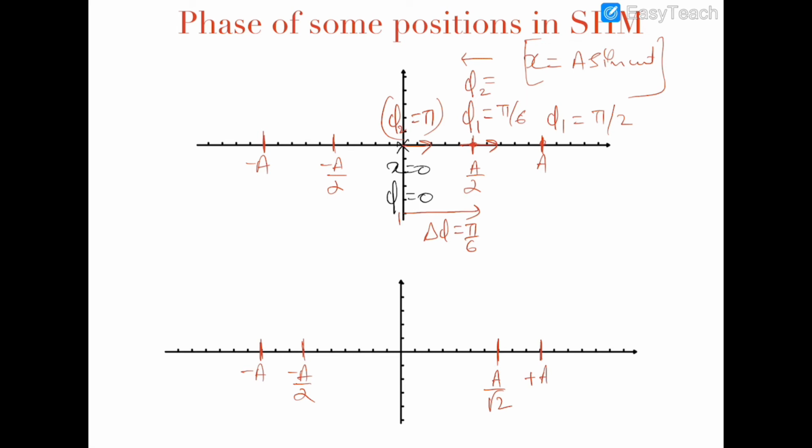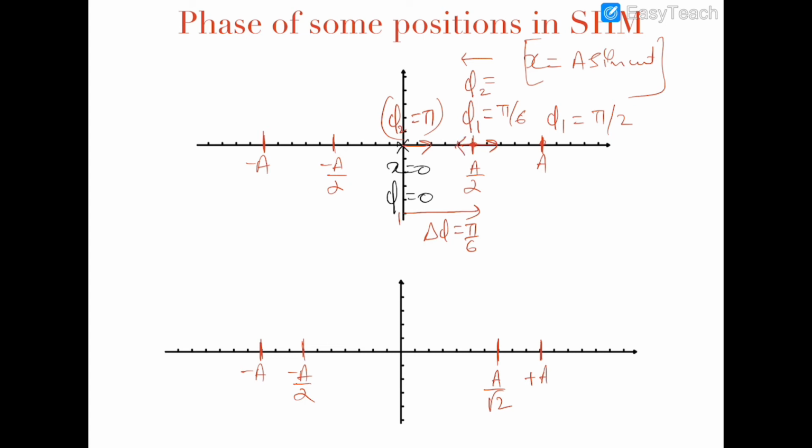So this is very important to note, that the phase change between any two positions will remain the same whether the particle is moving in the forward direction or in the backward direction. So we can say that if the particle would have returned to this position, then the phase would have changed by pi, but the particle has not returned to this position. In fact, it has stopped on this a by 2 position, moving in the backward direction.